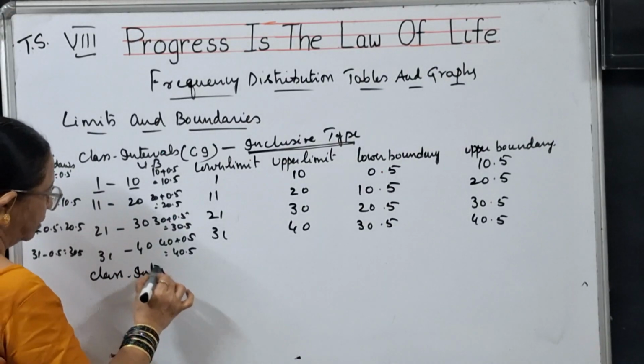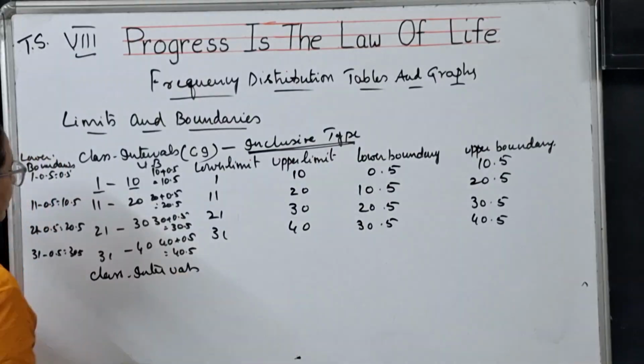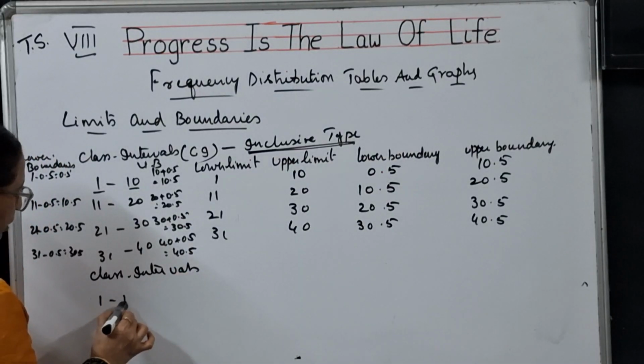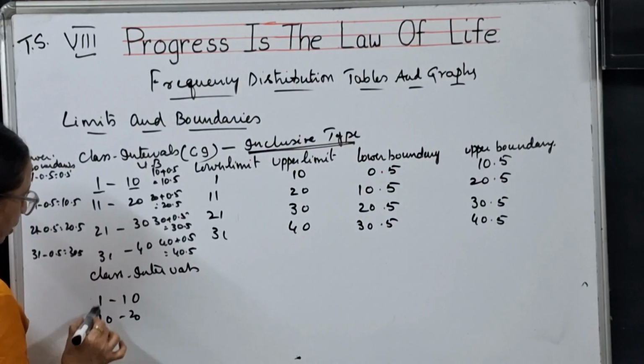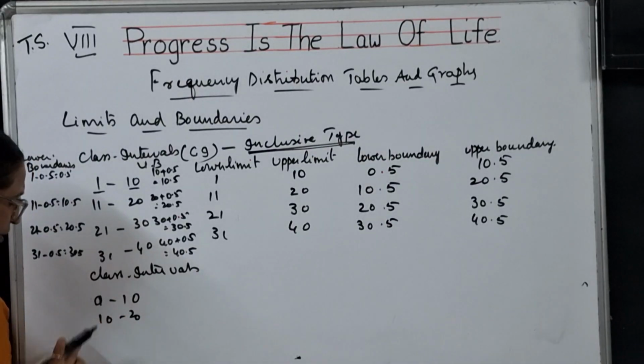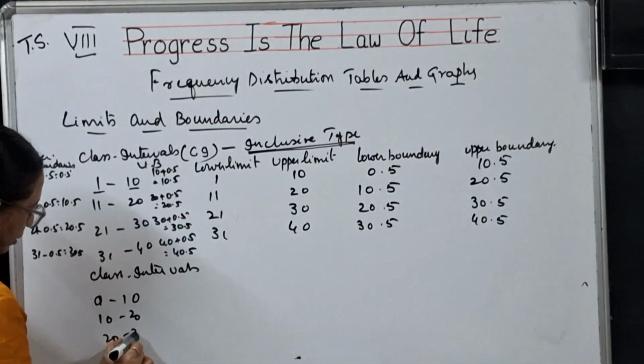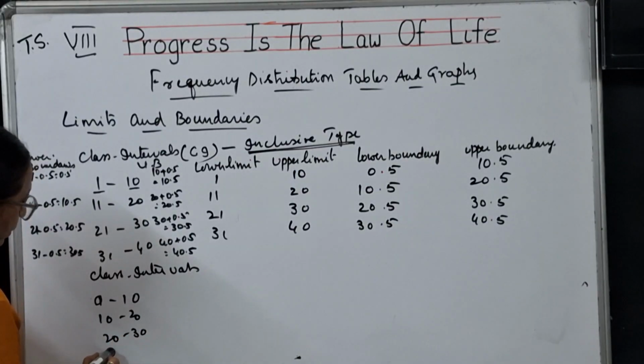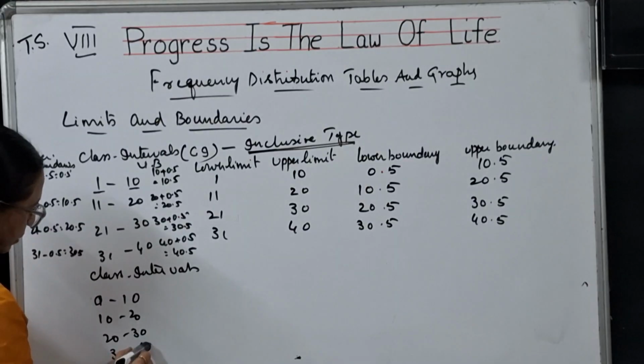The same class intervals, I'll write once again, you see, children. Suppose the class intervals are written as 0 to 10, 10 to 20, 20 to 30, 30 to 40.